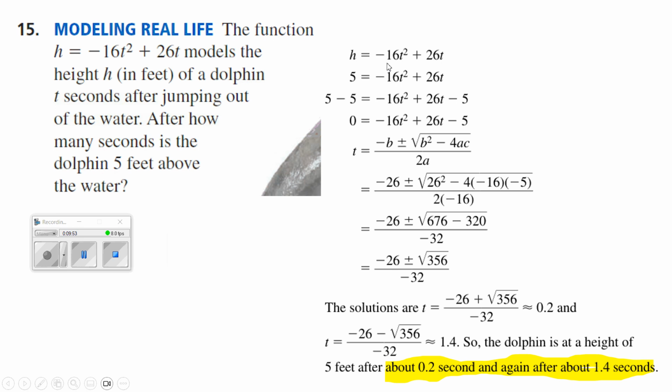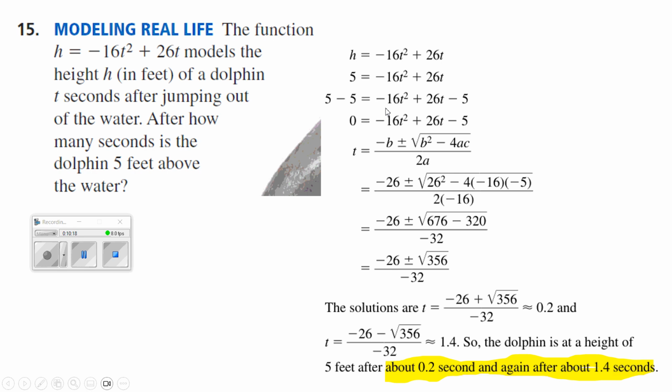Okay, so there's our equation, h equals negative 16t squared plus 26t. Now remember, they're talking about 5 feet. So y is going to be the 5 feet, and that's h right here. So we're going to put 5 here, and then we're going to solve. We're going to have to subtract 5 from both sides to bring it over.